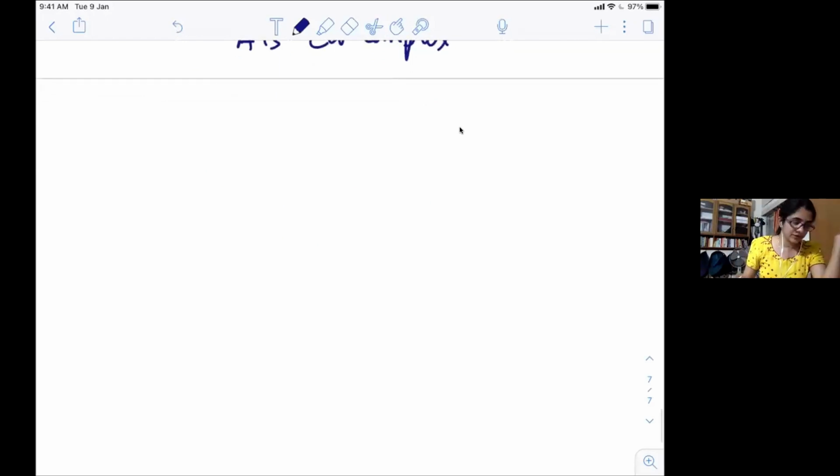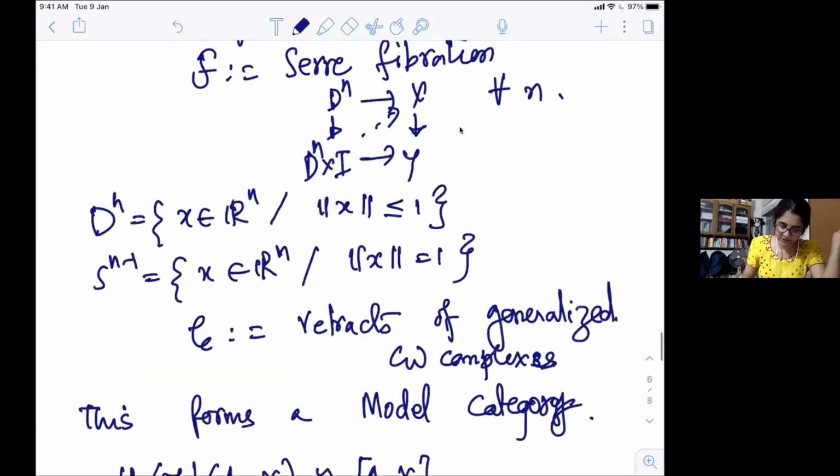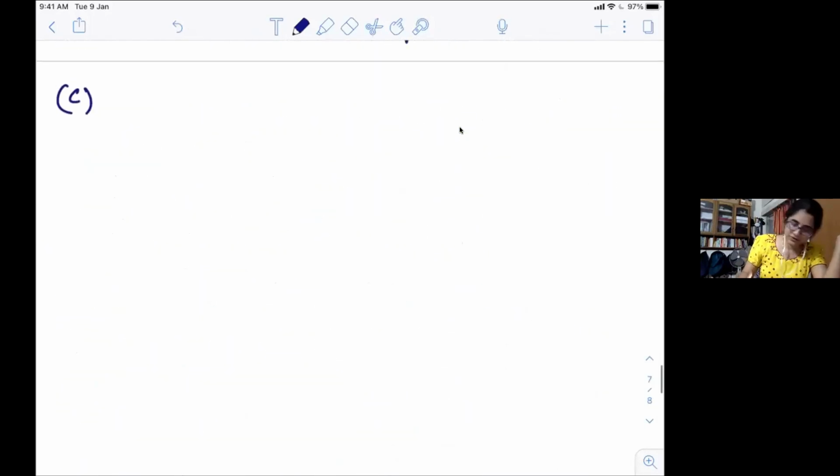But now let me quickly mention the example of chain complexes. This is my third example.